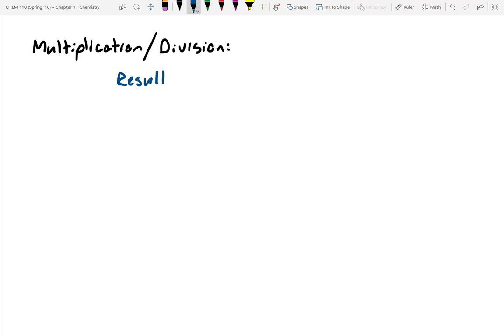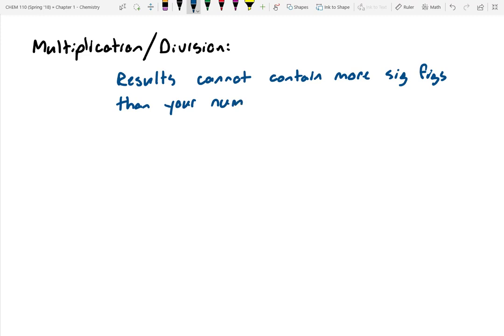And for this one, your results cannot contain more sig figs than your number with the least sig figs, and I'll show you what that means. I'm just going to abbreviate sig figs. So let's see this in an example.